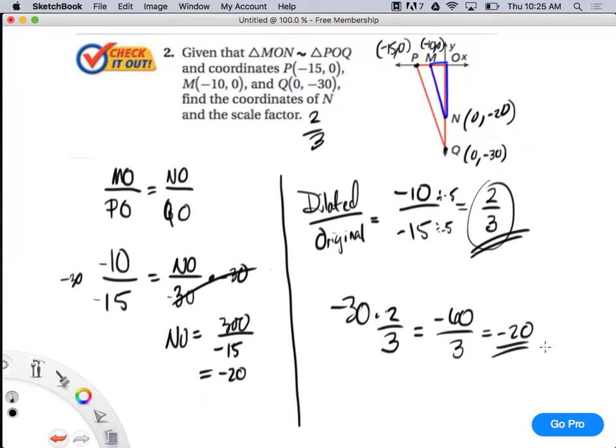Is that pretty clear? Okay, so you find the scale factor by doing the dilated over the original, negative 10 over negative 15. That gives you my scale factor. Then to get my new point, my final point, all I do is multiply the point by the scale factor. Is that pretty clear? Okay.